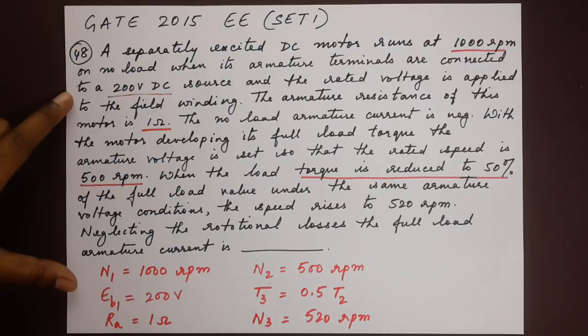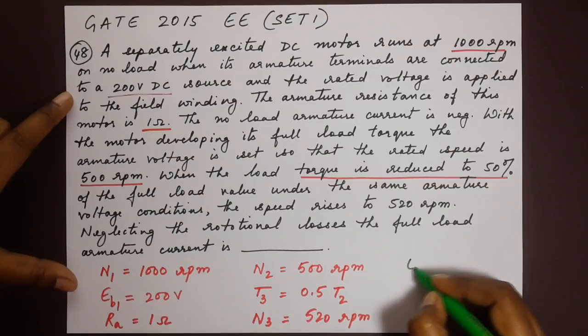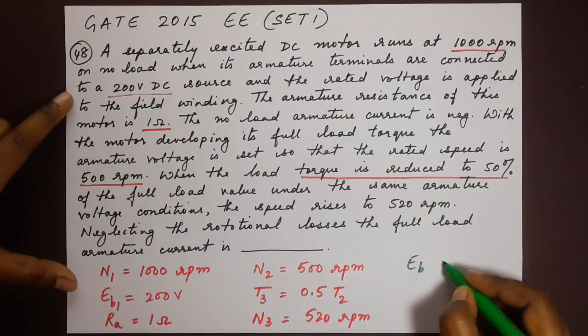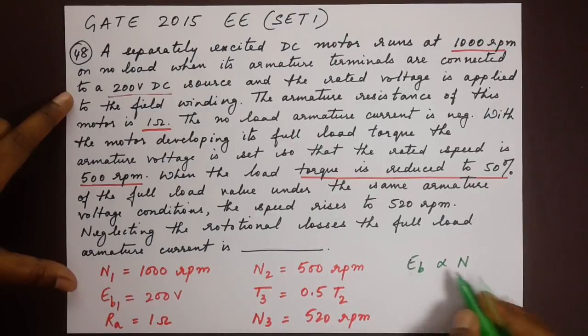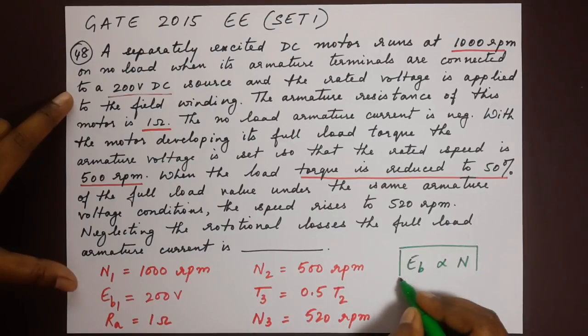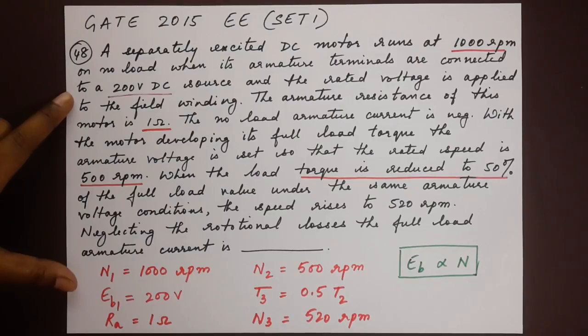Let's begin with the general relation. We have a relation for DC motor where the back EMF is directly proportional to the speed. So using this, we can write down a ratio between EB1, EB2 and N1, N2 so that we can find out the back EMF at the speed of 500 rpm.